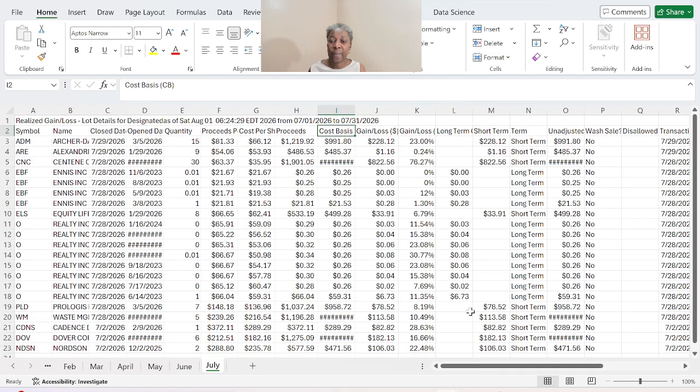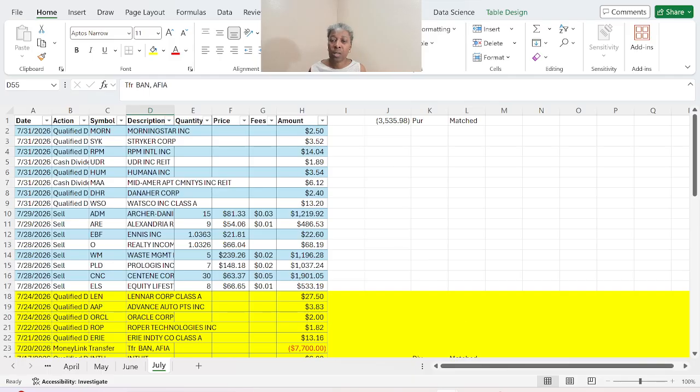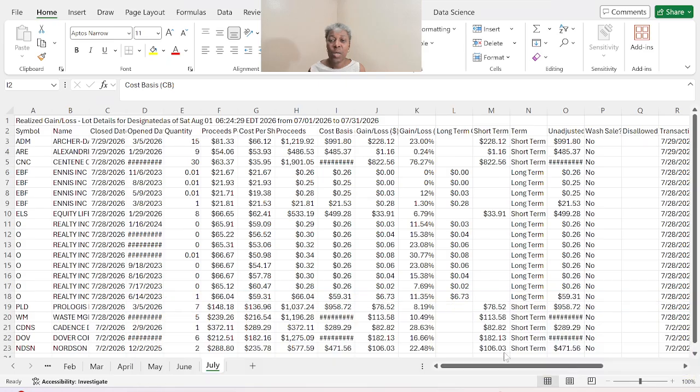I pulled the account history out, and it turned out no, what I recorded is correct, but there is just a little discrepancy between this realized gain and loss sheet and what my account transaction history says I paid for it. I don't know why there is a difference, but when it comes to taxes, you'll use the 1099 to complete your tax form. At least that's what I do, regardless of what my account history transactions say.